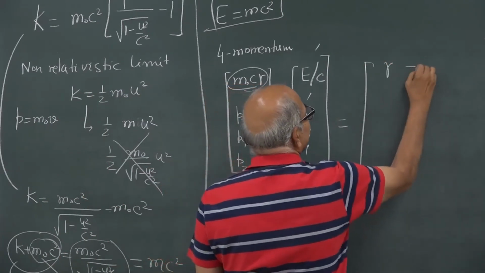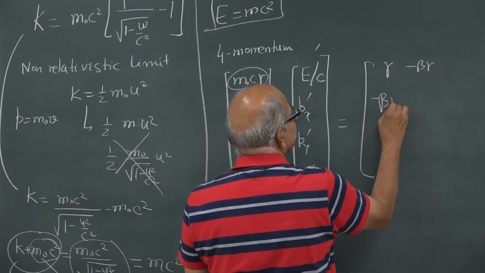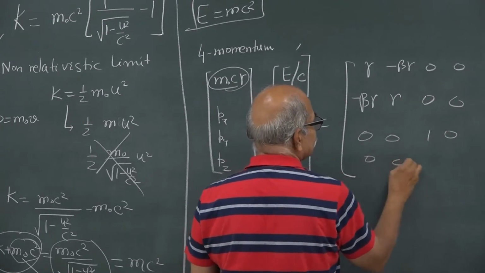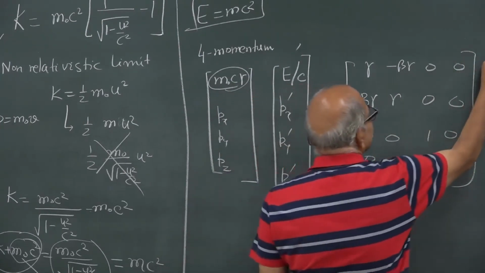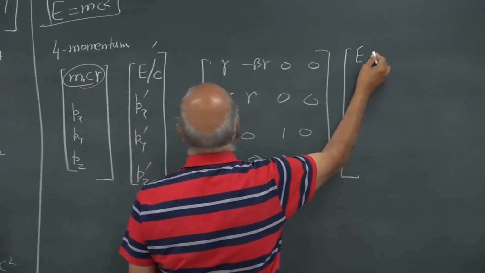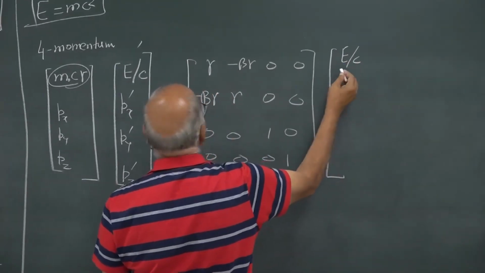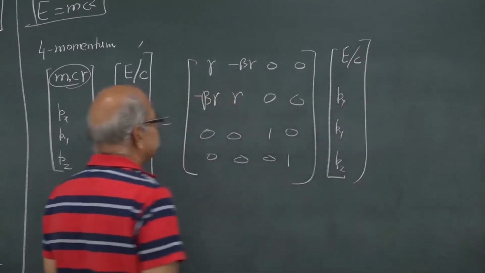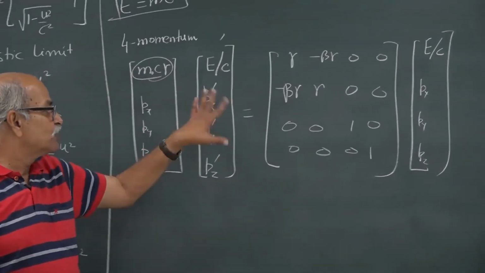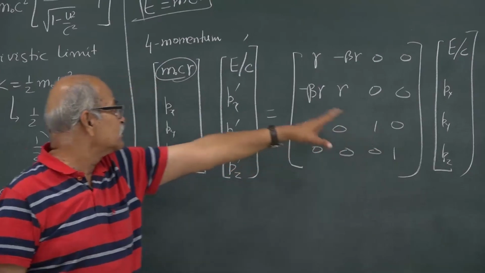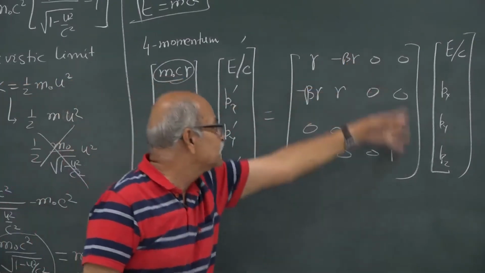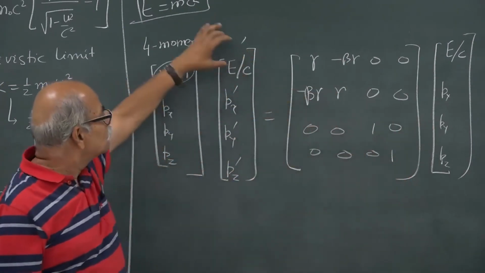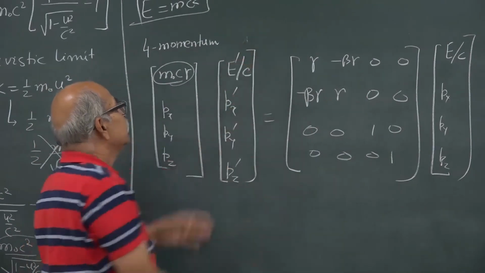It is gamma, minus beta gamma, minus beta gamma, gamma, 0 0, 0 0 1 0, 0 0 0 1, that is the Lorentz transformation, and then in S frame the total energy is E. So, E by c here and then Px, Py, Pz here. So, this is how they will transform. If your frame is moving along the x axis, you know how to write Px prime in terms of these, Py prime will be equal to Py, Pz prime will be equal to Pz, and how to write this E prime in terms of these.